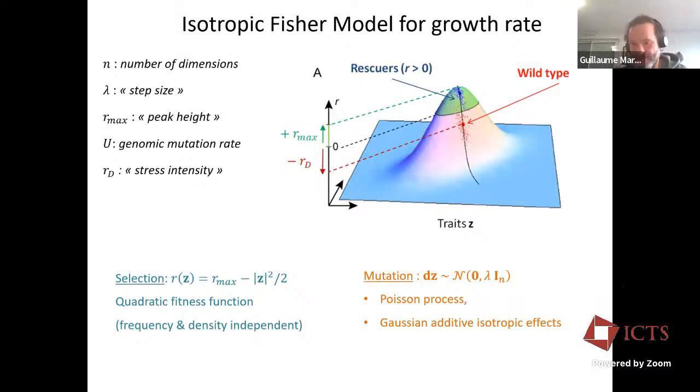But then the other thing is that the time scale of the meltdown is the time scale of the click. And the time scale of the click is the waiting time to lose a given fitness class to go to the next fitness class in the deleterious ranges, right?